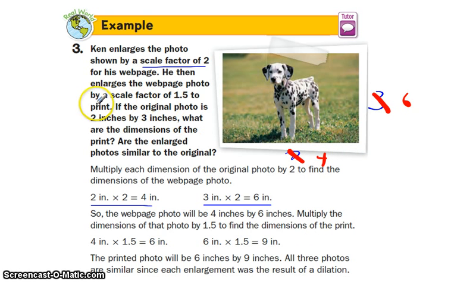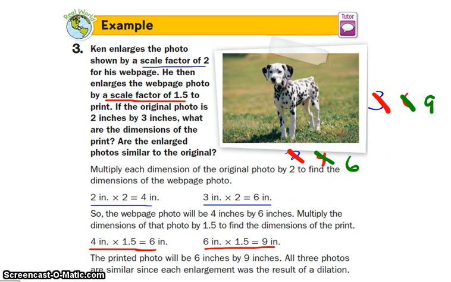Then he does another enlargement, and that is a scale factor by 1.5. So now you have to take 4 times 1.5 and 6 times 1.5. So now your final picture becomes 6 by 9. So really all this one is just a double dilation.